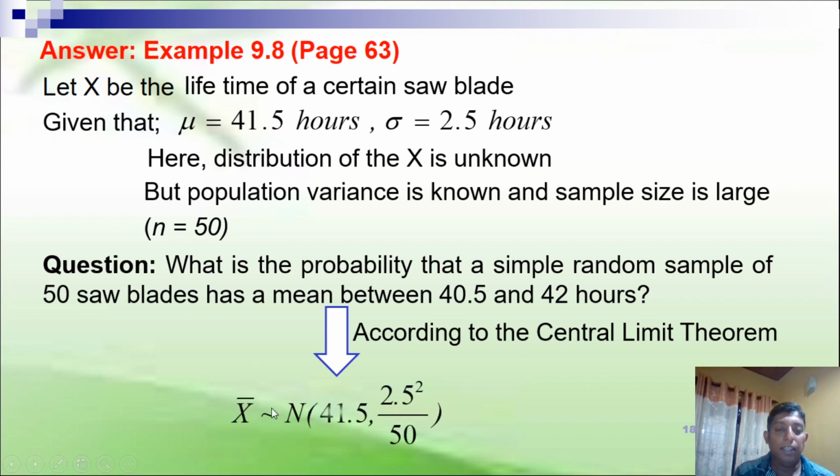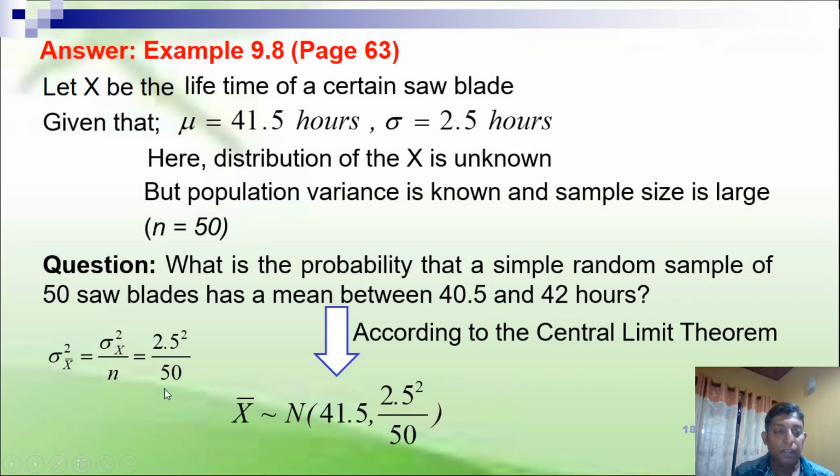Therefore, according to the central limit theorem, the mean lifetime of saw blades also follows normal with population mean 41.5 hours and variance of x bar 2.5 to the power 2, where we divide the population variance by the sample size 50. Therefore, variance of x bar equals 2.5 to the power 2 over 50.